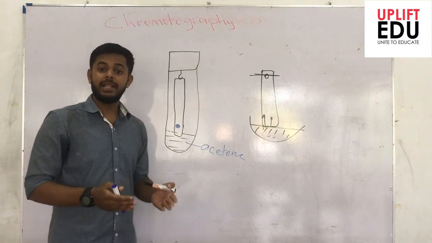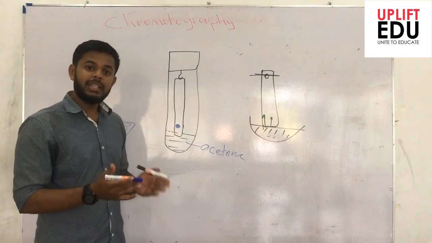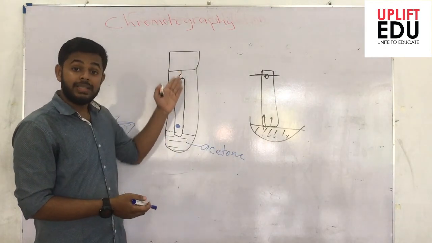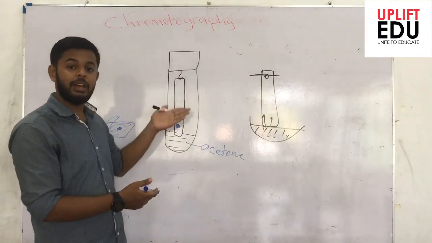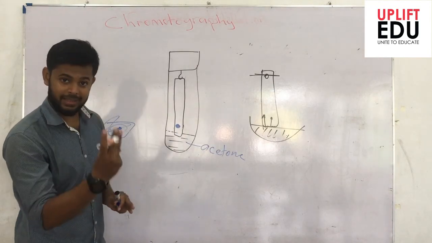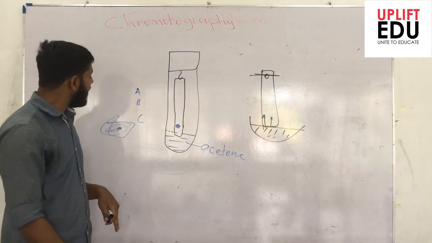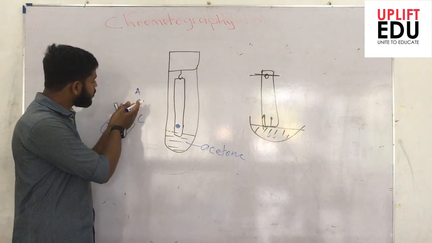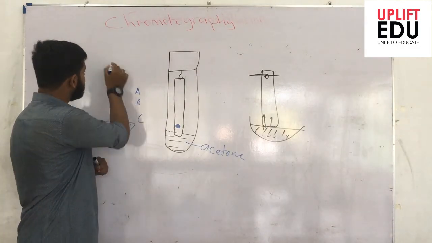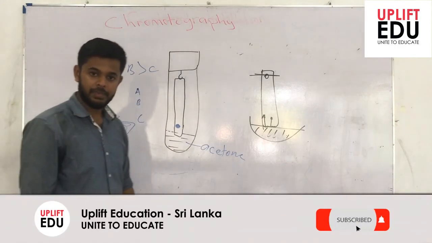Now this chlorophyll, as I said, is a mixture which contains different components in it, right? These different components have different attractive forces with the paper, the cellulose or A4 sheet that we are placing here. Let me say, for example, I am taking three components, A, B and C. Let's say A has a really higher attractive force with the paper. Let's say A has a higher attractive force than B, and B has a higher attractive force than C, right?